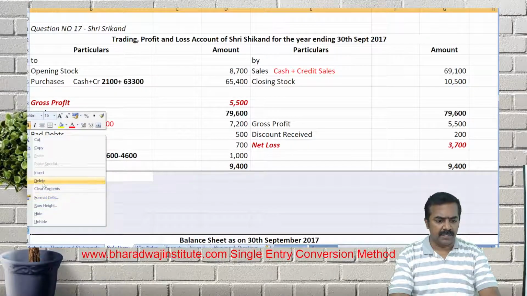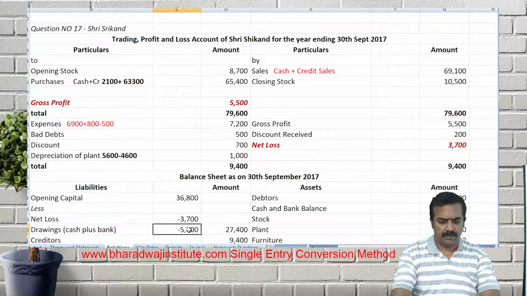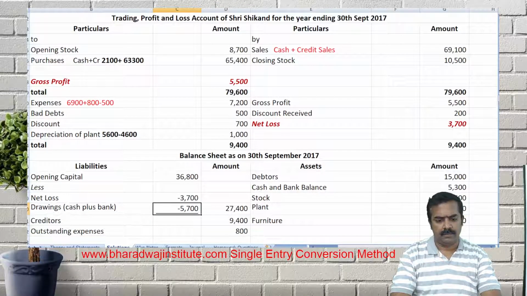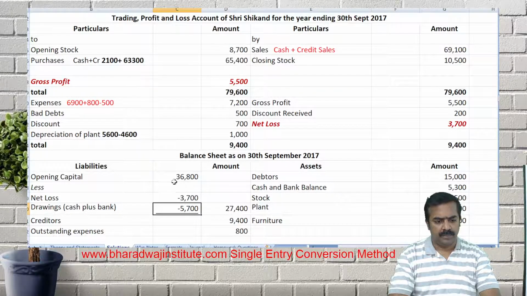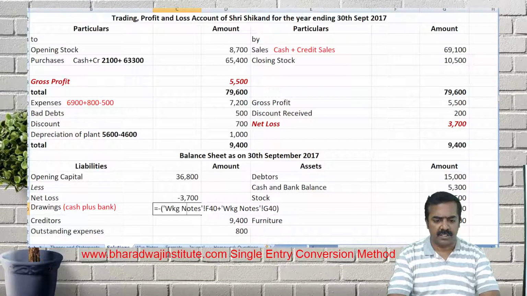Then prepare the balance sheet at the end of the year. 3,000 loss. Opening capital minus loss minus drawings. Drawings are there in cash form as well as what? Cheque form. Both will be adjusted. Drawings in cash as well as bank form.